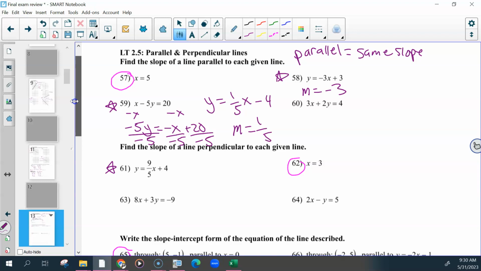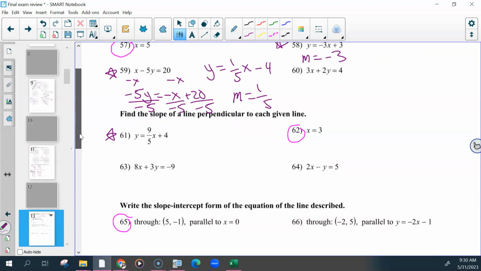So if it's parallel, same slope. If it's perpendicular, you need the negative reciprocal, which means whatever it is, you take it and flip it. If it was positive, you make it negative, or vice versa. So 61 is already in slope-intercept form.